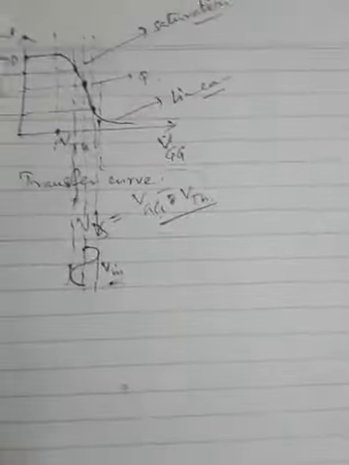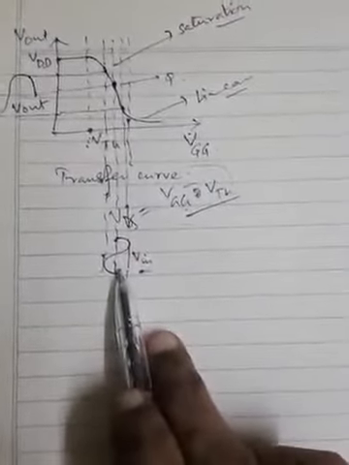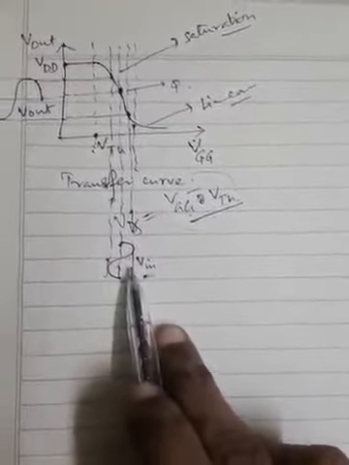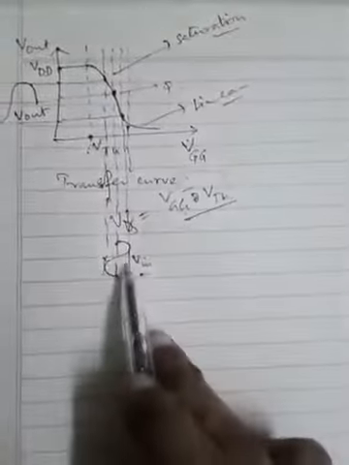This is the VO or V out. Now if you compare these two, the swing in the input will be much lesser than the output. So output will be having a larger swing.